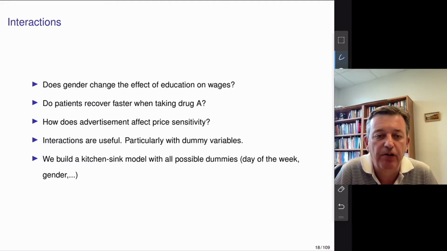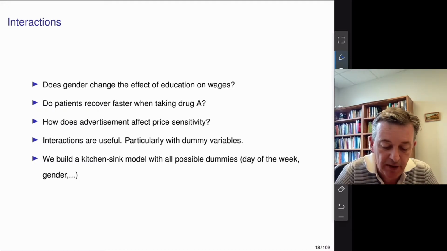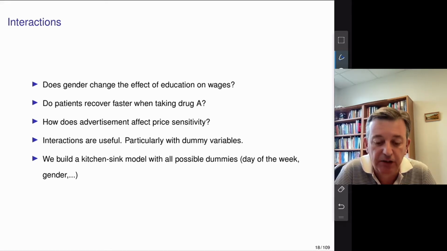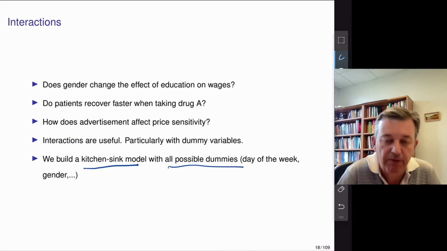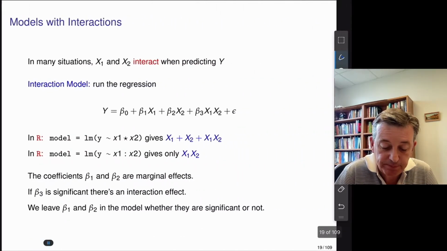And it can answer lots of questions. For example, does gender change the effect of education on wages, or do patients recover faster when taking drug A? Or how does advertising, as we just saw in the new food example, affect price sensitivity? So we would build essentially a kitchen sink model with all possible dummy variables put in.